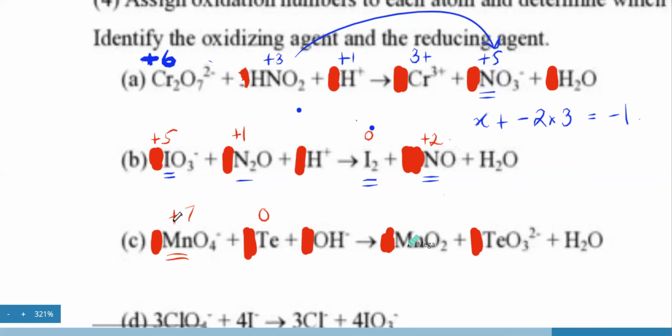What's Mn over here? Is it 4? It's going to be 4. And what about this one, Te over here?